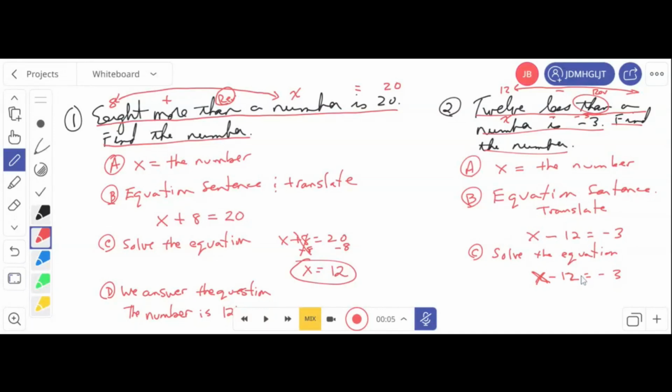Step 5, undo addition or subtraction. So I'm going to add 12 to undo this subtraction. We add 12. The 12s add out, we're left with x. -3 plus 12 is 9.